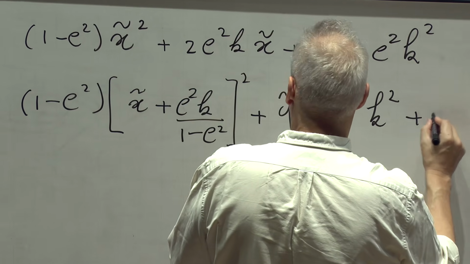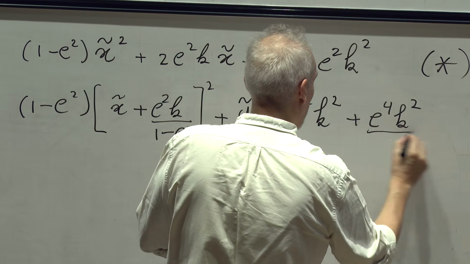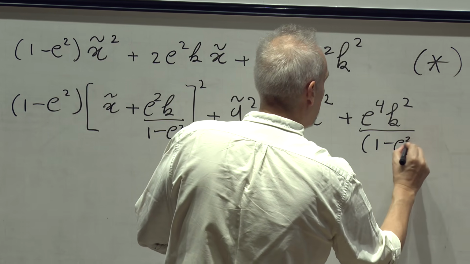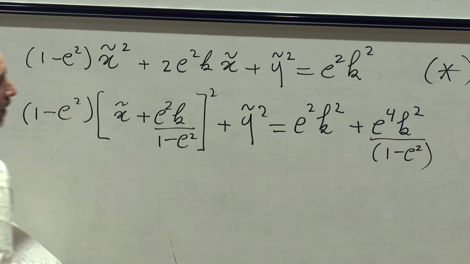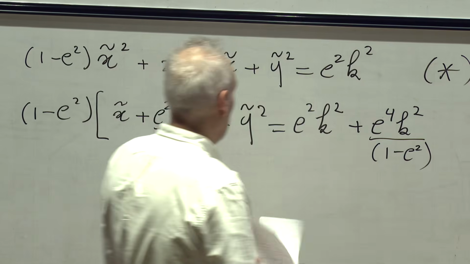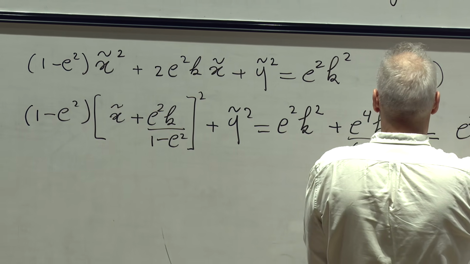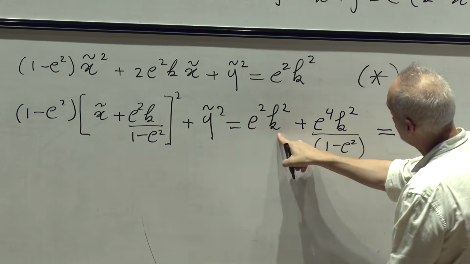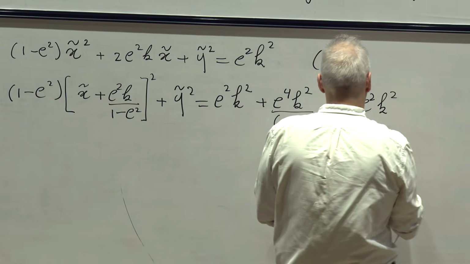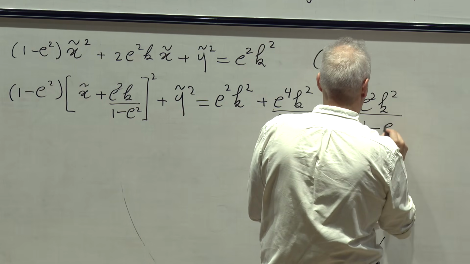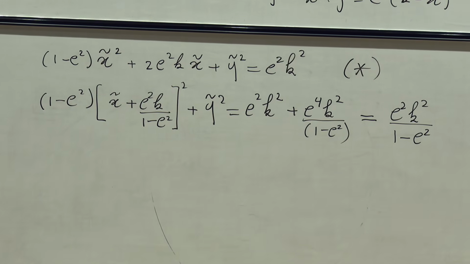So it's plus e to the fourth k squared divided by 1 minus e squared squared, but I multiply again on this side, so I obtain this one, which I rewrite as e squared k squared over 1 minus e squared, so the e to the fourth disappears. The algebra is beautiful because it all works out.